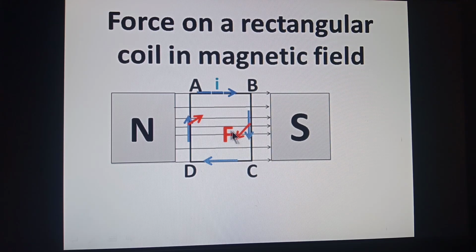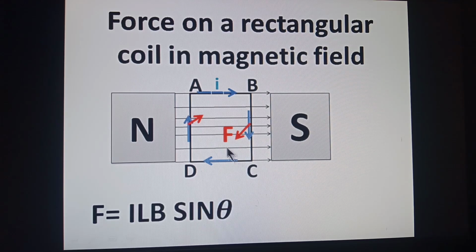So this is the force F that is acting on the side BC. And similarly, a same force F acts on the side AD, but it is directed inward. So these two forces constitute a couple when a current carrying rectangular coil is placed in the magnetic field.